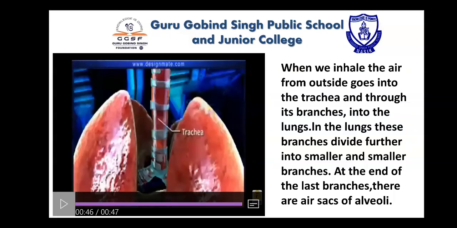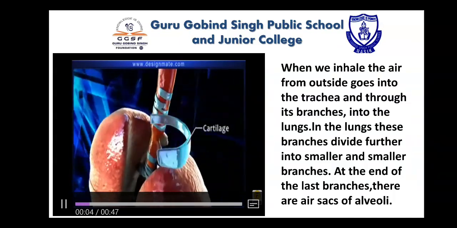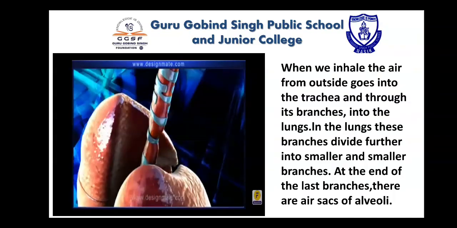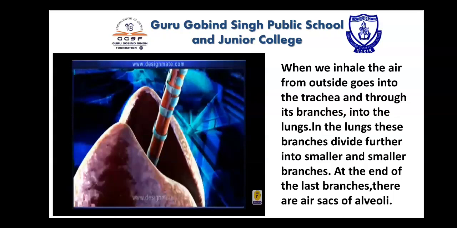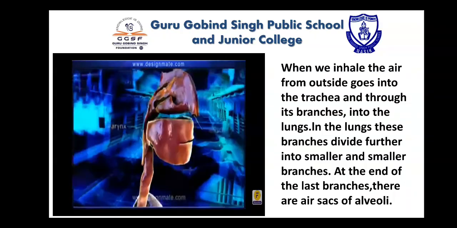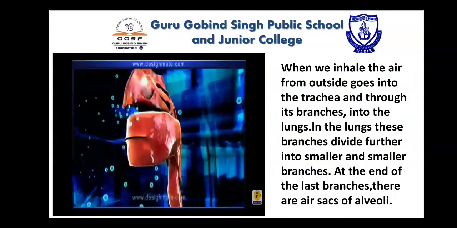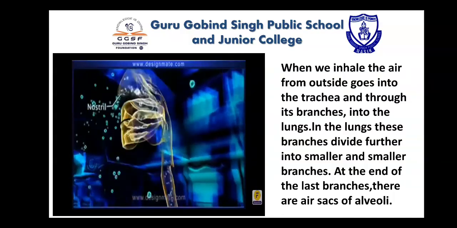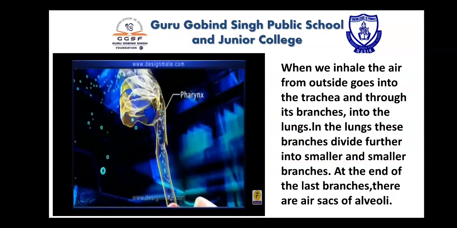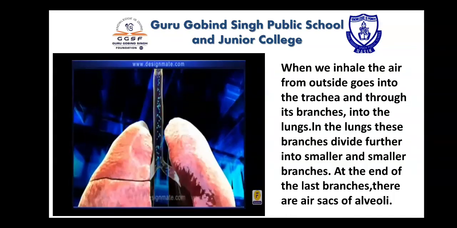Let's see one more time how respiration is done in our body. When we inhale air from outside, it goes into the trachea or windpipe. Then through the trachea, it goes into our lungs.